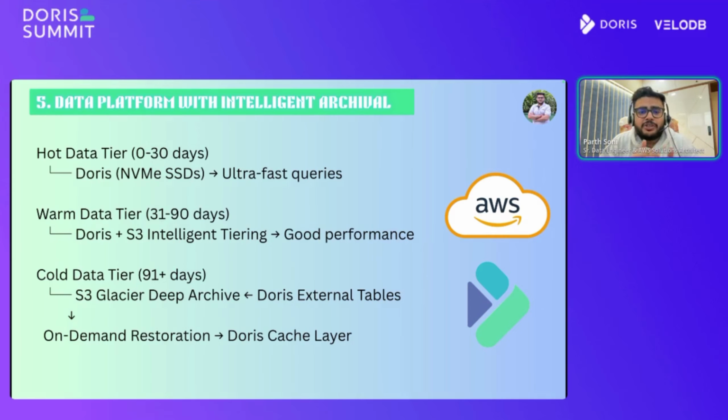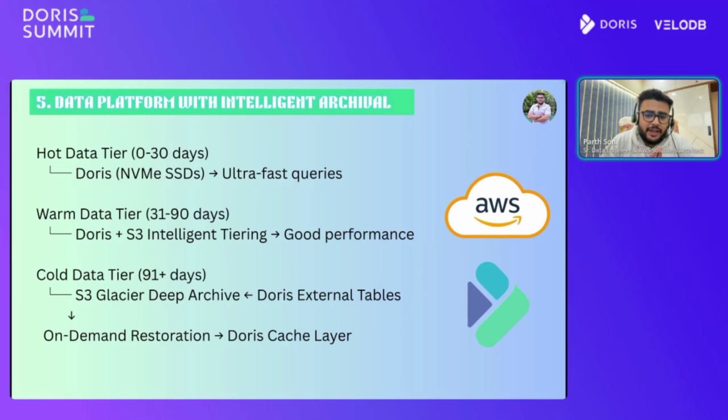Then it pre-warms the data before you need it. So Black Friday is approaching, it's near. Just say, preload last year's Black Friday data into the warm tier. Quarterly board meeting schedule, prefetch last quarter's metrics, something like this. The system also tracks the query pattern in Doris itself. If cold tier data starts getting queried frequently, it automatically promotes it to the warm tier.